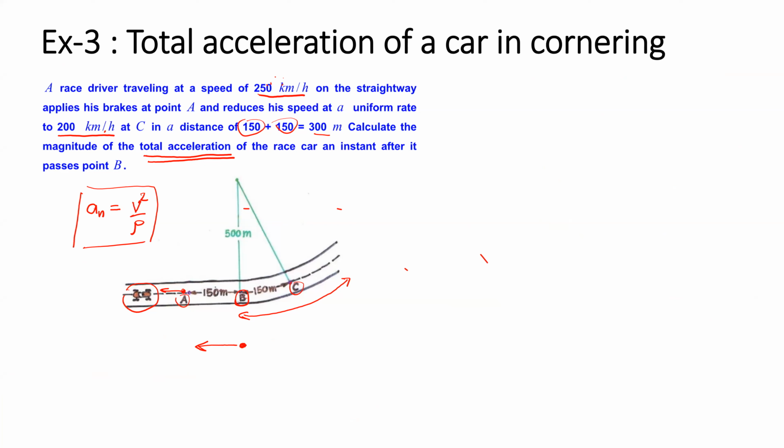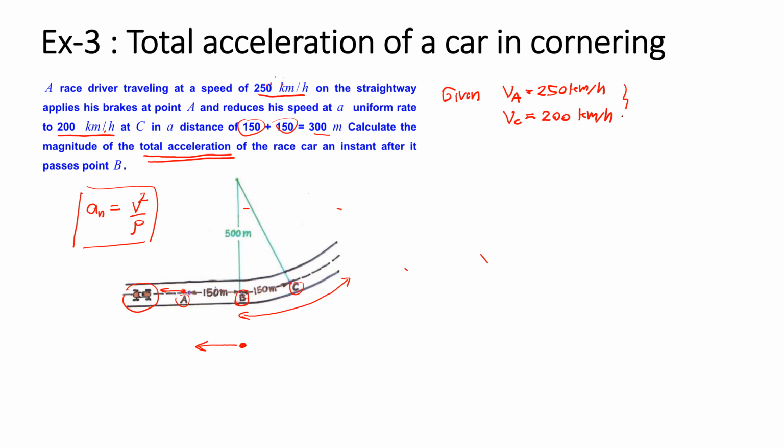So what the problem gives, we know the speed at point A. The speed at point A is equal to 250 kilometers per hour. And the speed at point C, after deceleration, the speed reduced to 200 kilometers per hour.